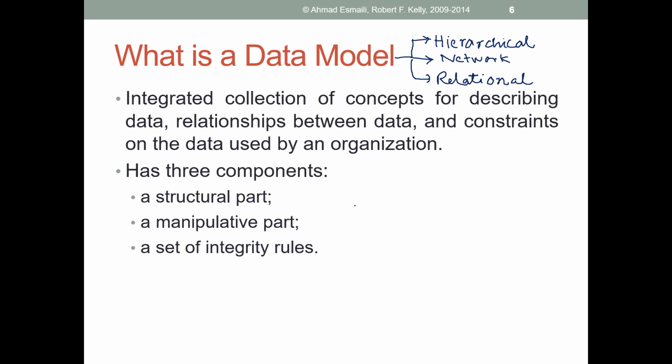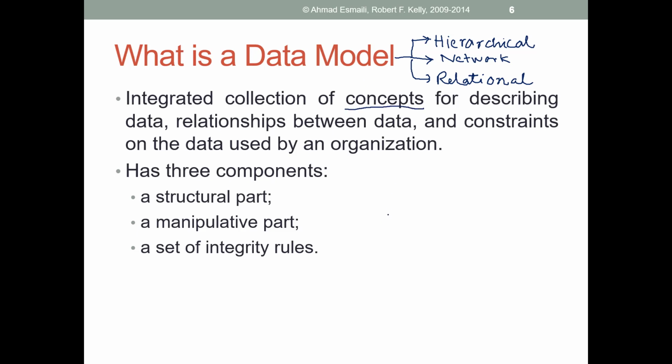Now let's try to understand what we have in a data model. What will define a data model? As you have it here in my definition, in a data model we have a collection of concepts.